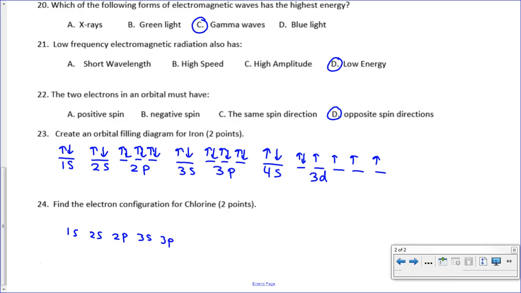Then you think, how many electrons are there? 1s is filled up, so there's 1s2, and then 2s2, 2p6, 3s2, and then for chlorine, it is the 5th one in that 3p sublevel, so there are 5 electrons in there, and that's how we do that.